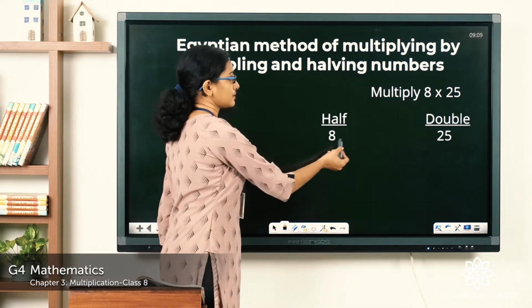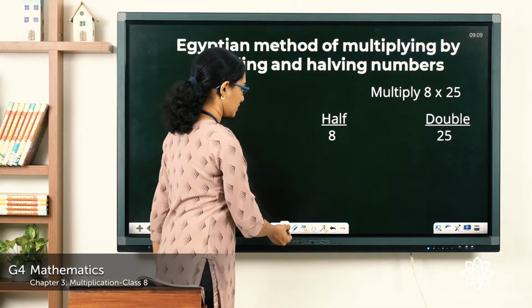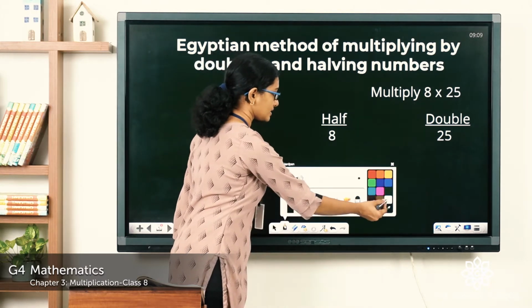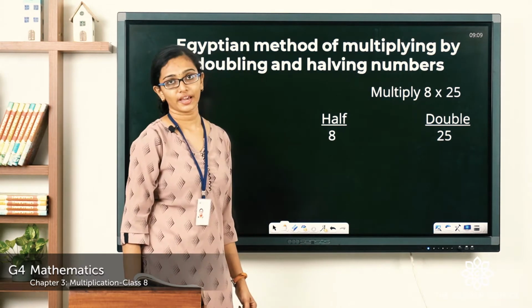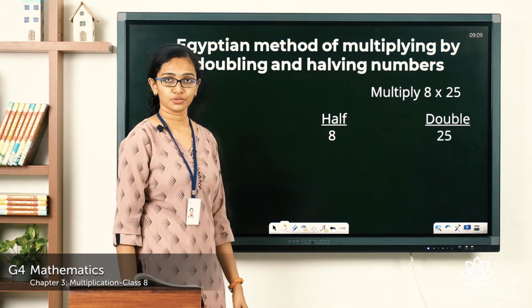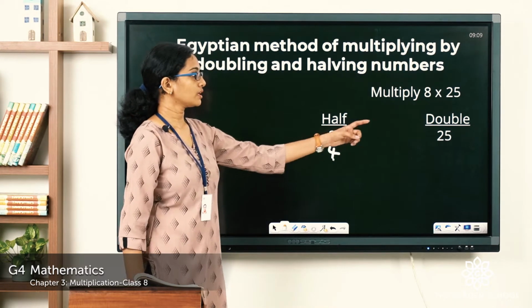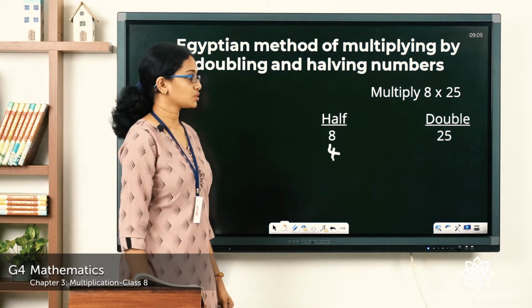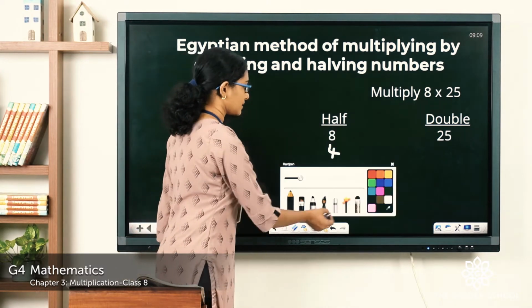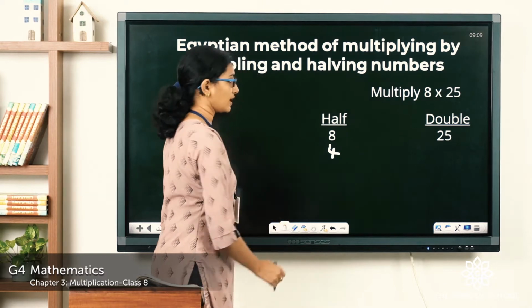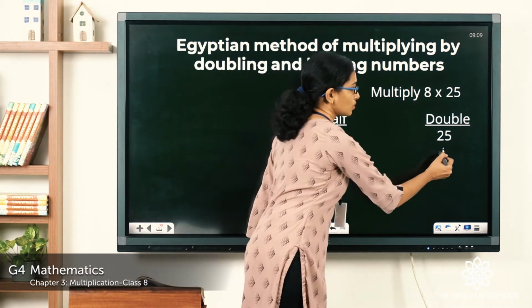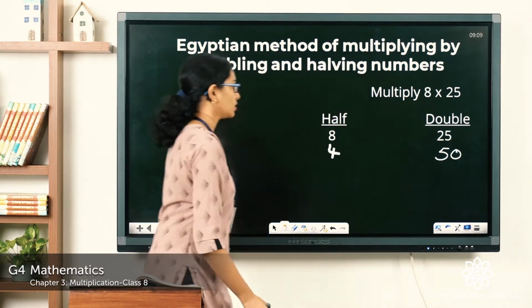So here we have the multiplicand and the multiplier. First let's halve 8. What is the half of 8, or 8 divided by 2? It is 4, right? And what about doubling the multiplier 25? Doubling means you are multiplying by 2. So 25 into 2 will give you 50, right?